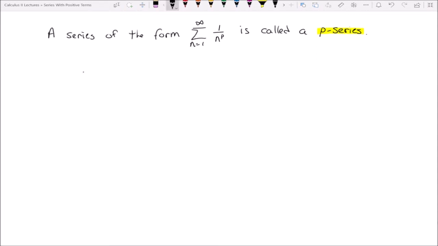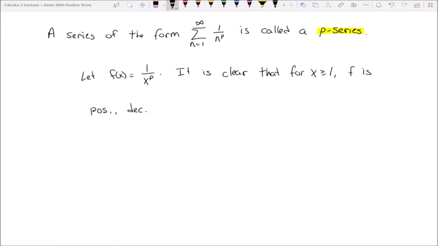We say let f of x be 1 over x to the p. It is clear that for x greater than or equal to 1, f is positive, decreasing, and continuous.